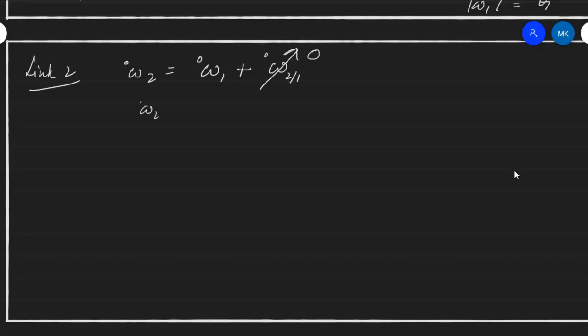So omega 2 in 0 will be equal to nothing but omega 1 in 0, which is actually equal to theta 1 dot e1 hat in 0, or you can write theta 1 dot e1 e naught. We can write the magnitude of omega 2 as theta 1 dot only.